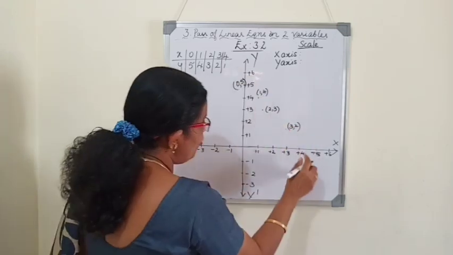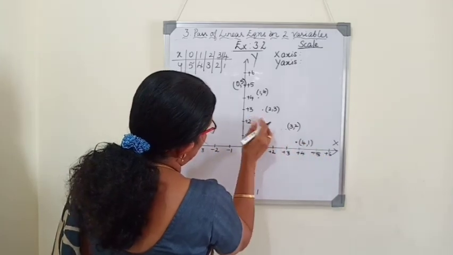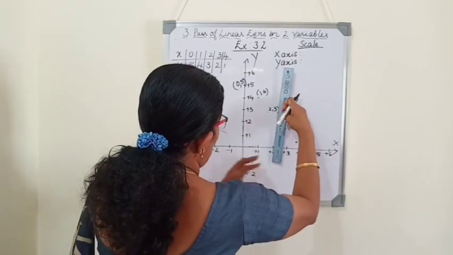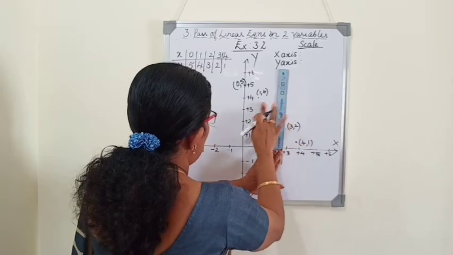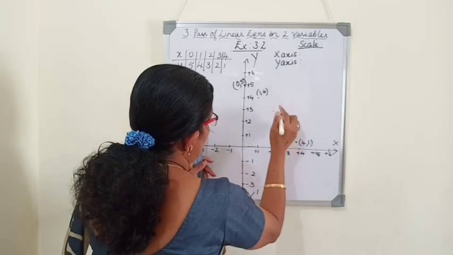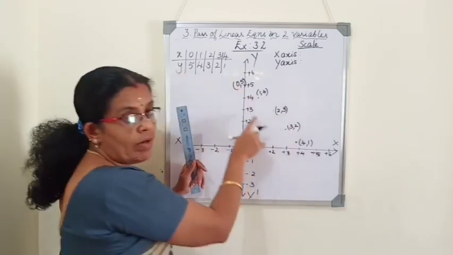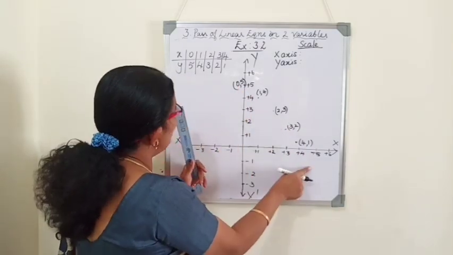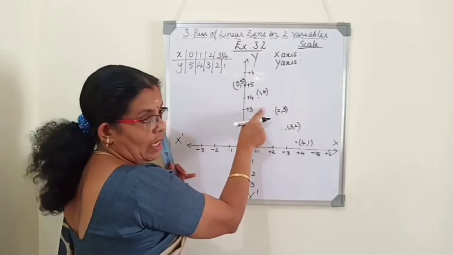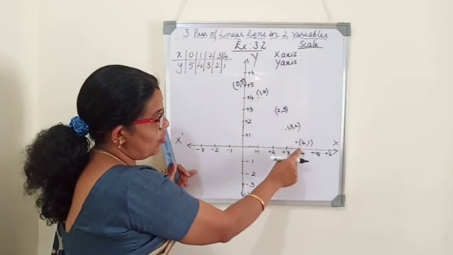Then 4, 1. Now join all these points, we will get a straight line. After joining these points, the second table also has the same values, the same line. One line, again the same line we will get. That means coincident lines, infinite solutions. All these are the solutions for the graph.